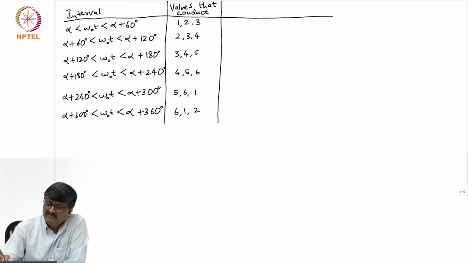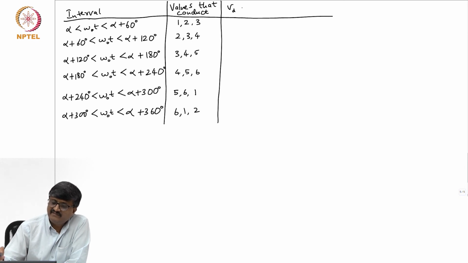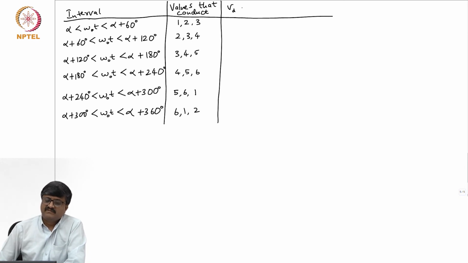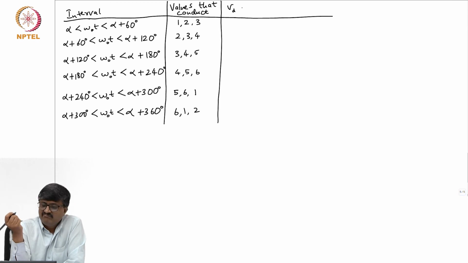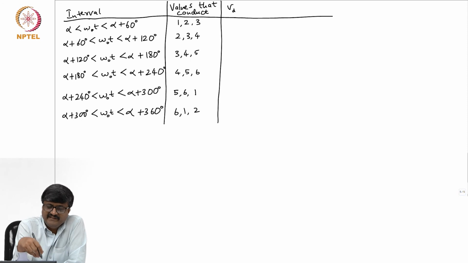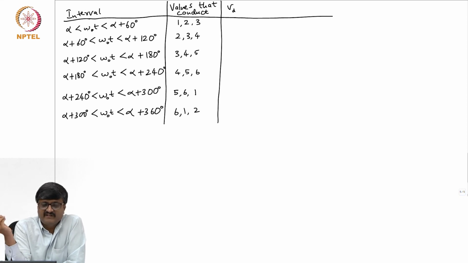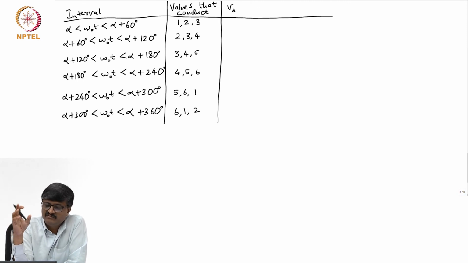Then if I want the instantaneous DC side voltage Vd, we already know the expression for Vd in the first interval, we just derived it. But we also know the expression for Vd when we know the valves that conduct from the previous 2 tables, that is the table for 2 and 3 valve conduction mode or the table for 3 and 4 valve conduction mode.